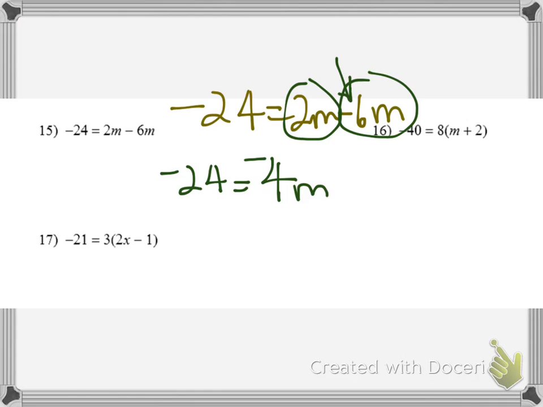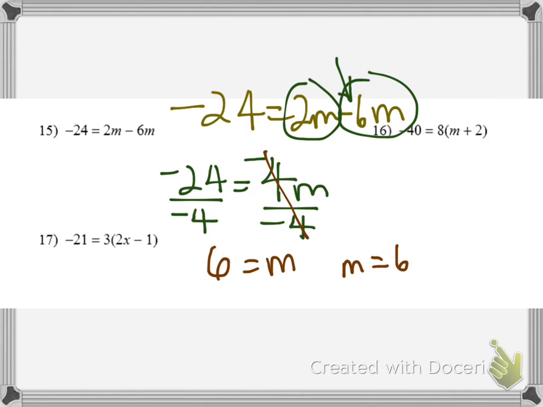And now it's a one-step equation. And again, sorry about any confusion if anybody thought you would leave the negative sign behind, but the negative sign stays with the 4 because we are multiplying or dividing. This becomes a 1, and m is going to equal whatever negative 24 divided by negative 4 is, which is a positive 6. Better to write it like that.